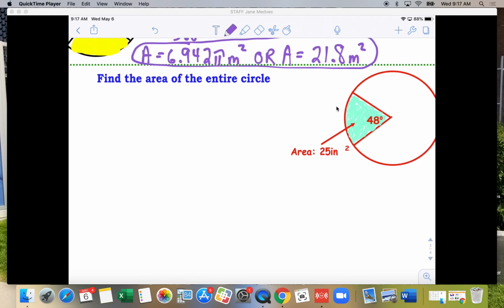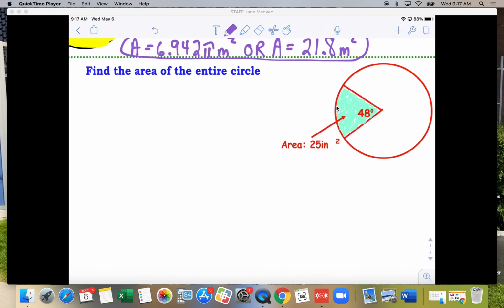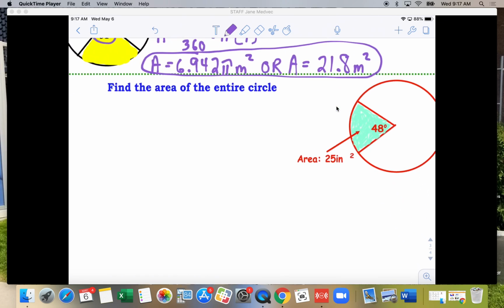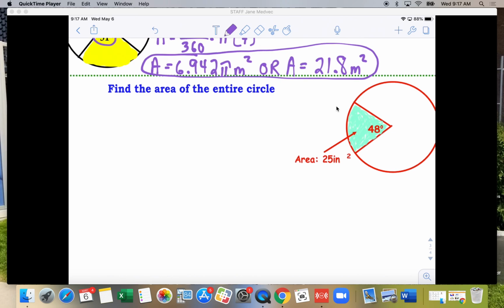Now, on this problem that we're going to do, and this just gives you a bunch of different scenarios. That's why I'll assign certain problems. Do what you feel you need to do, but make sure that you take a smattering of a lot of different ones, because this one is just the area of that sector, whereas down here you're finding the entire area of the circle.